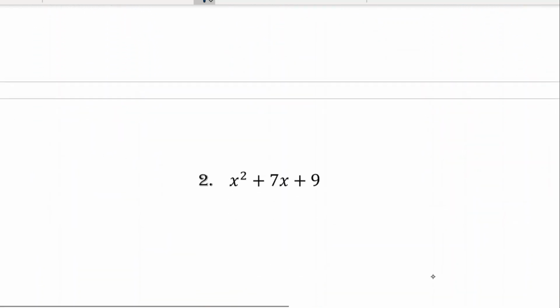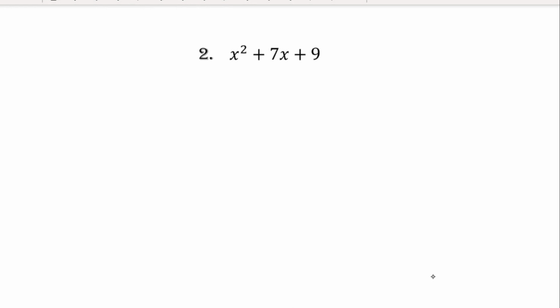All right, next example. As before, I see there's 3 terms. Now I need to see, can I square root each of them? Well, I've got x squared, which is x. I've got my square root of 9, which is 3. Now I need to do my check. 2 times my first result times my second result, and I get 2 times 3 is 6, times x.